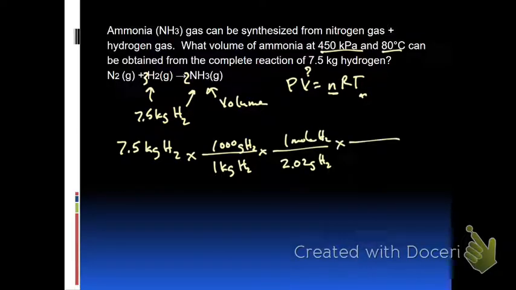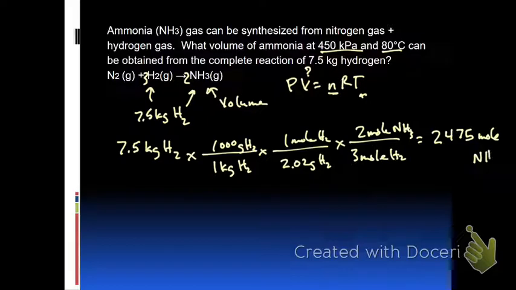And now I'm going to use the molar ratio: for every 3 moles of H2, there's 2 moles of NH3. So at this point, 7.5 times 1,000 divided by 2.02 times 2 divided by 3, that gives 2475, I'll just go to that number, sig figs, moles. Okay, so I have that many moles of NH3.